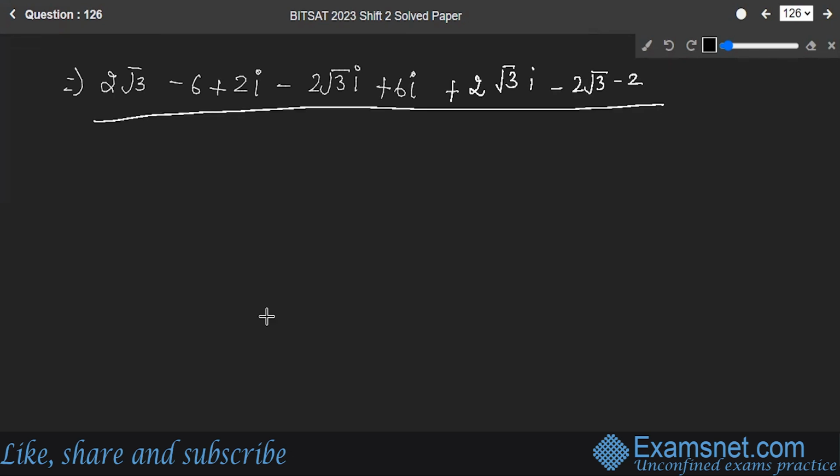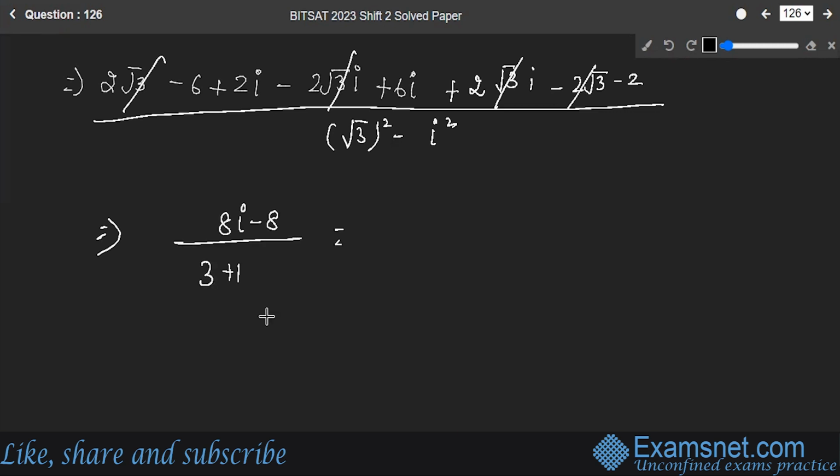Whole thing is divided by root 3 square minus iota square. Let's do the cancellations. This and this will cancel, and 2 root 3, 2 root 3 will cancel. You will have 8 iota minus 8 upon 3 plus 1. I'm taking this common, and here will be 4. So 2 into iota minus 1.